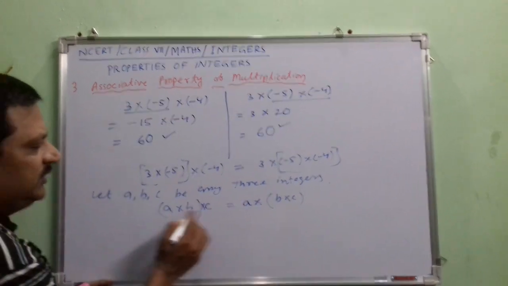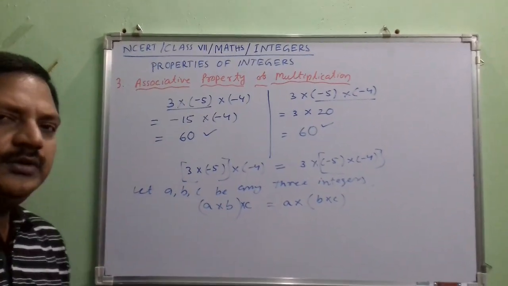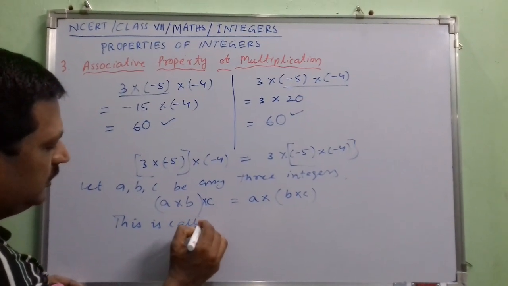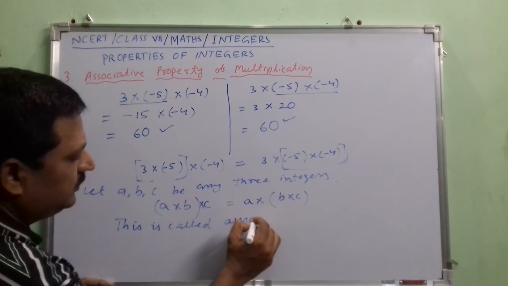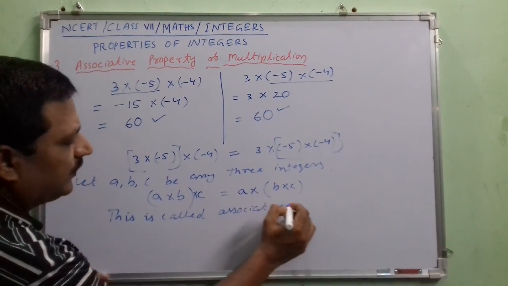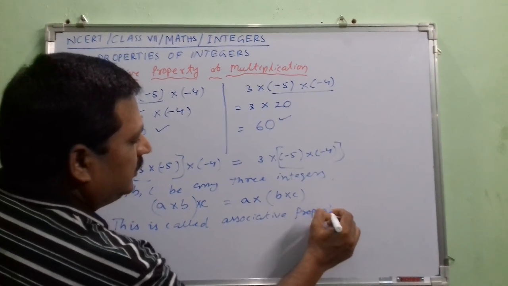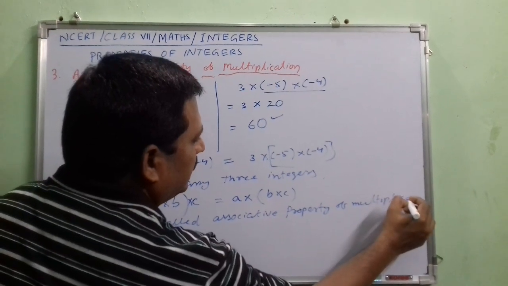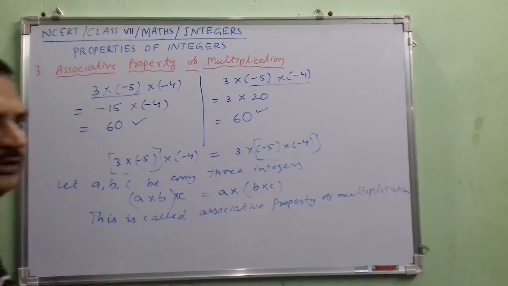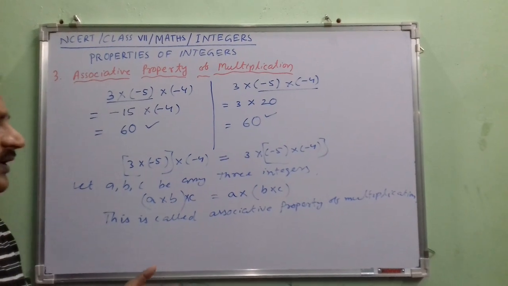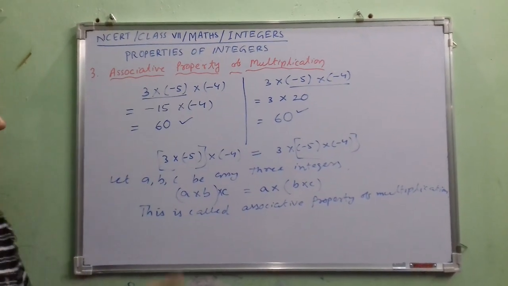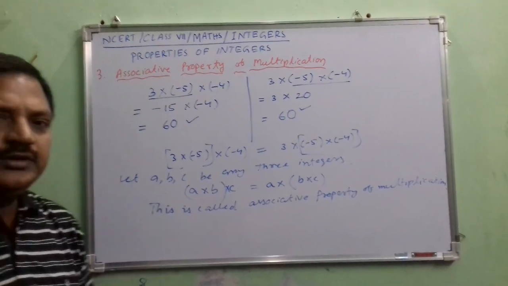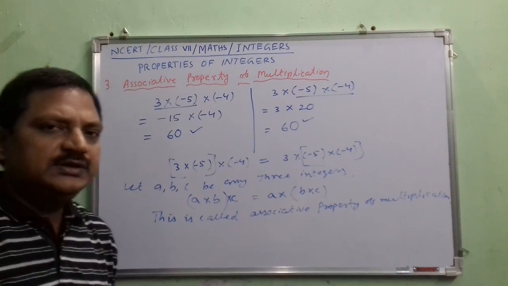This is what we call the associative property of multiplication. So whenever you have to multiply any three numbers, you can group them differently and multiply. The result will not be different; it will be the same.